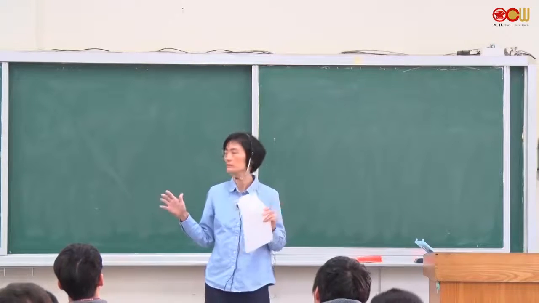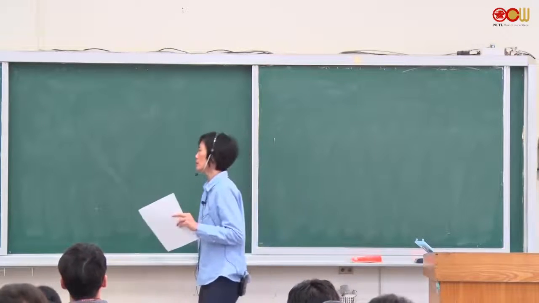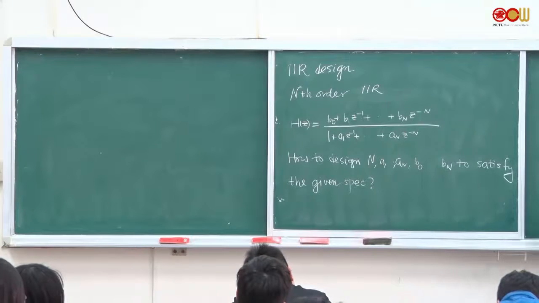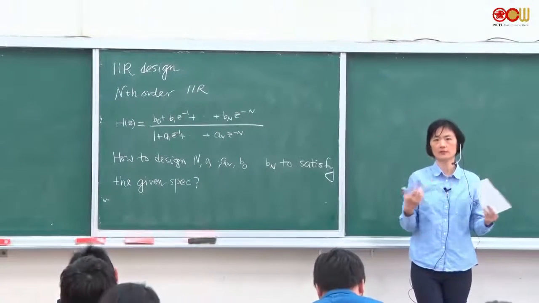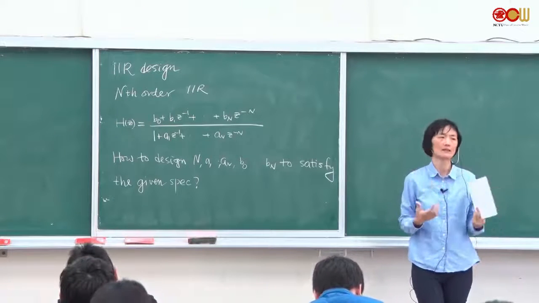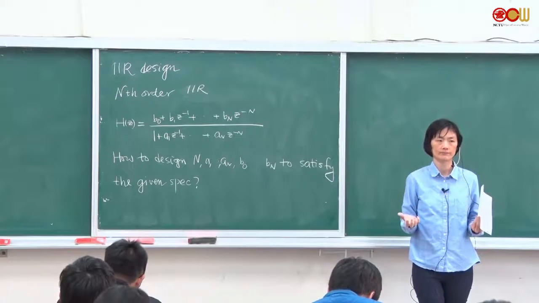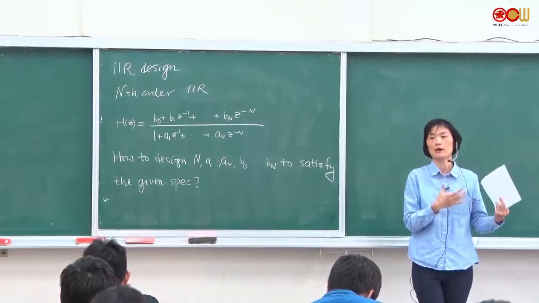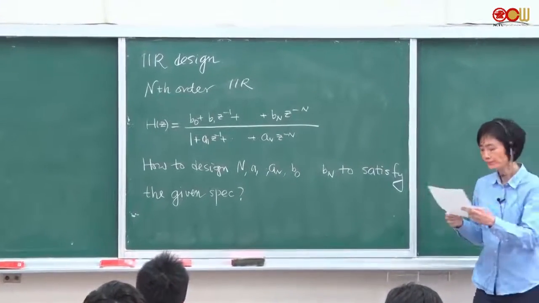These are all IIR filter designs that people know very well. So when they started to think about how to design digital filters, they wanted to borrow from analog filters, because people already knew how to design them. They wanted to use the results in analog filter design to design digital filters.